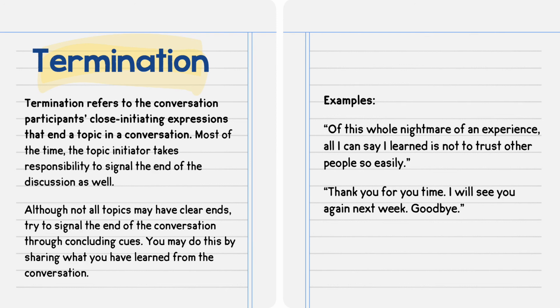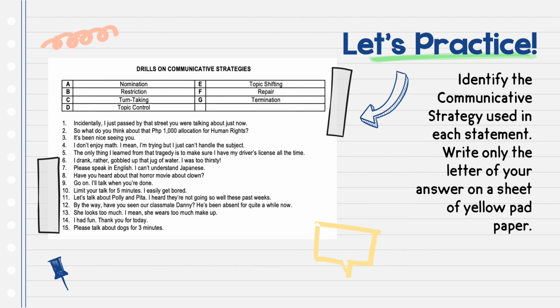Now, let's practice. On the brain starter worksheet, sa likod doon, on the bottom part, you will see this activity drills on communicative strategies. Identify the communicative strategy used in each statement. Write only the letter of your answer on the sheet of yellow pad paper that you are already using.